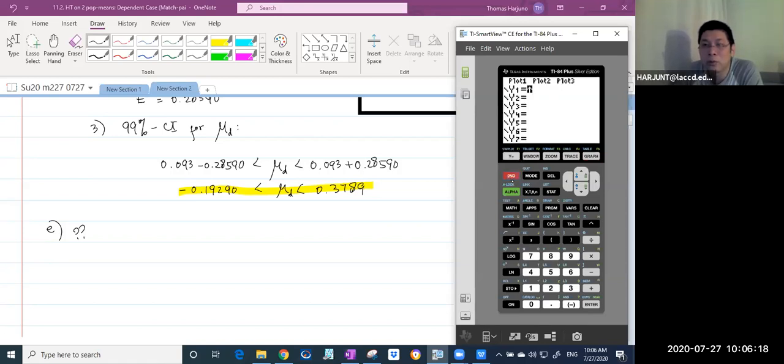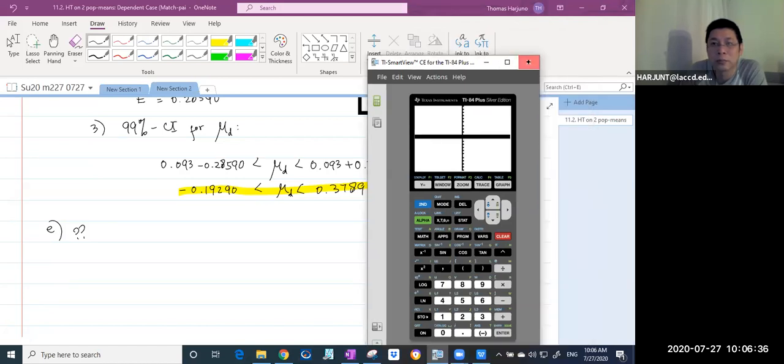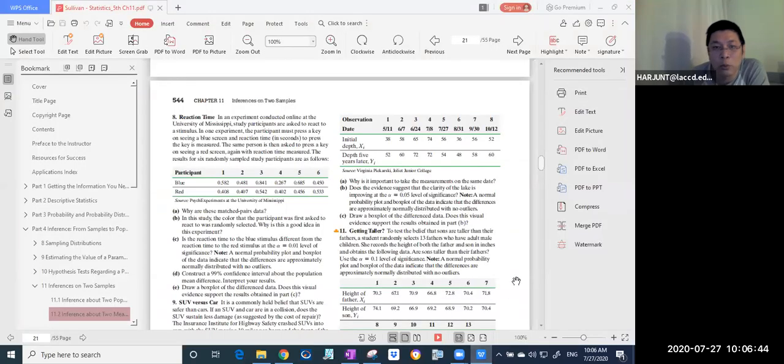This is L1, and this is L2. No, that's not right. I will find this out tomorrow. I totally forgot how to do the box plot using the calculator. My bad. Well, anyway, that's what we need tomorrow.